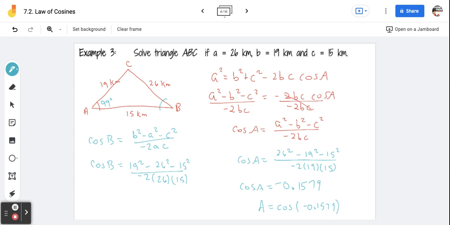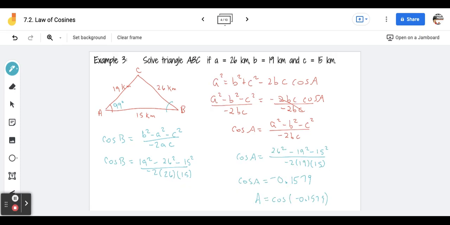Okay, and then on the bottom, negative 2 times 26 times 15. I've already got the inverse cosine in front of that, so this is my final angle. The angle measure is 46 degrees, and that was angle B.